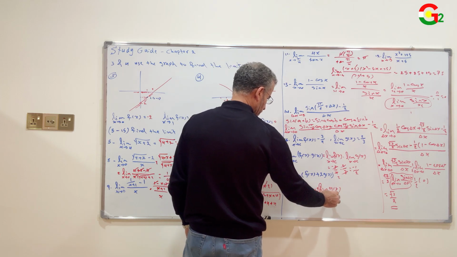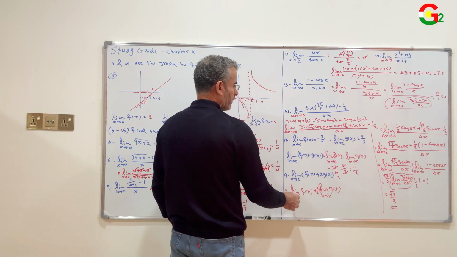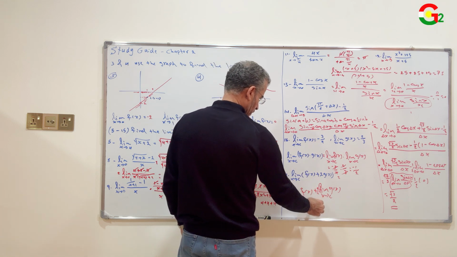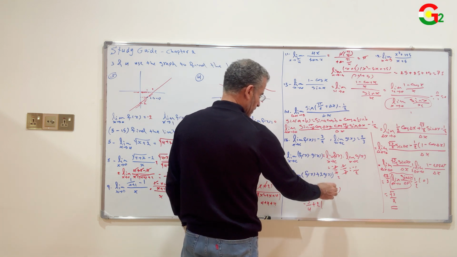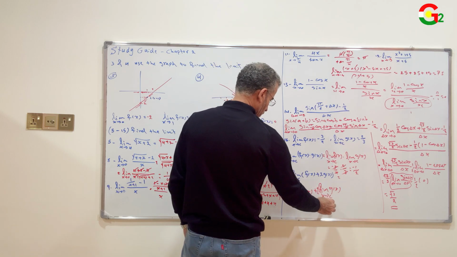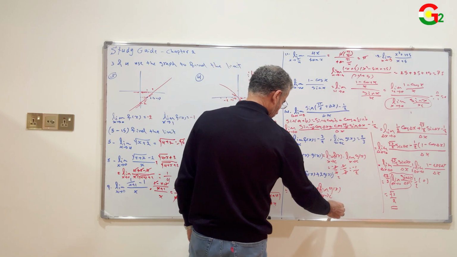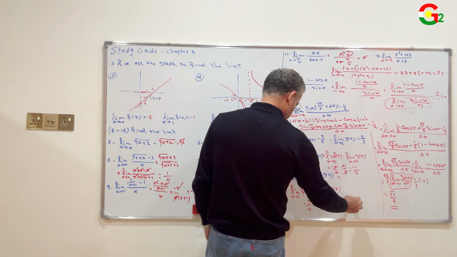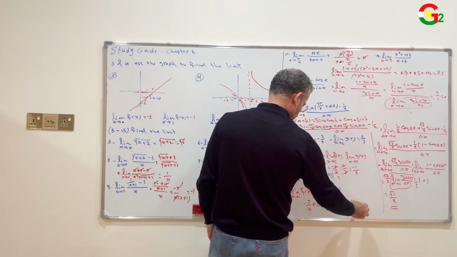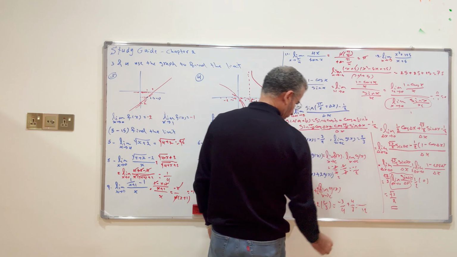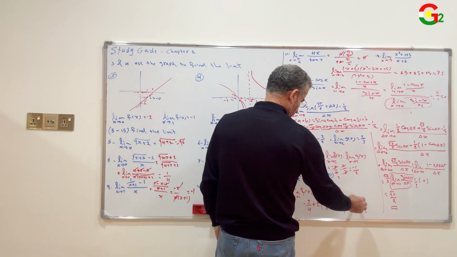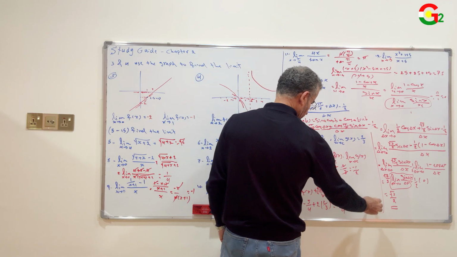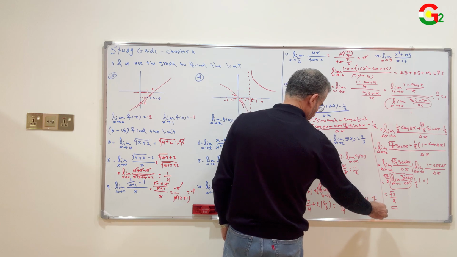The limit of f of x is negative 3 over 4 plus 2 times 2 over 3, which equals negative 3 over 4 plus 4 over 3, equals (negative 9 plus 16) over 12, equals 7 over 12.